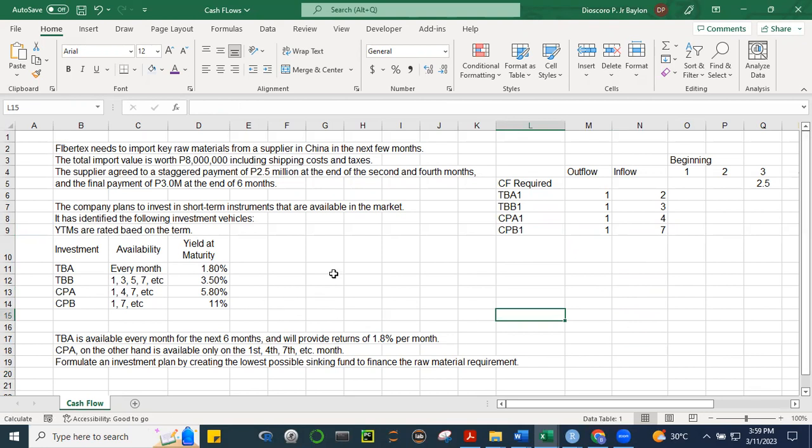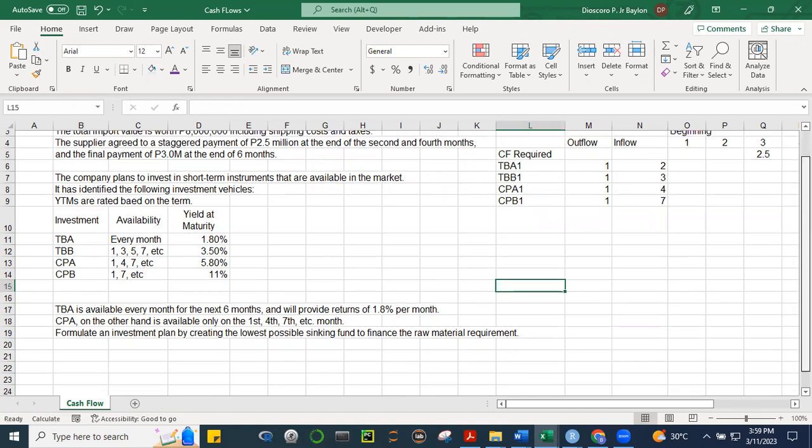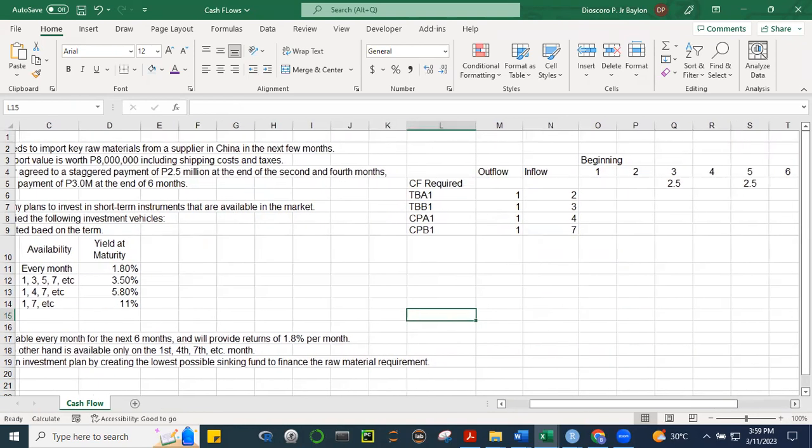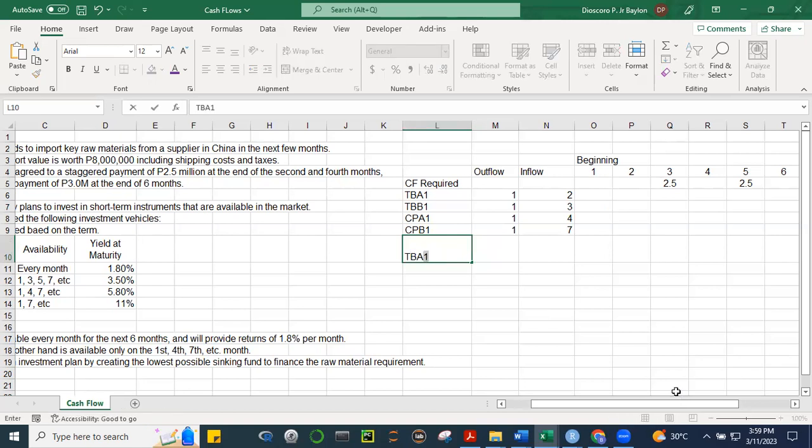Okay. Now, how about for month 2? What are the investments that we can do on month 2? TBA. So let's call it TBA 2. This is instrument TBA, which we will be investing in month 2.